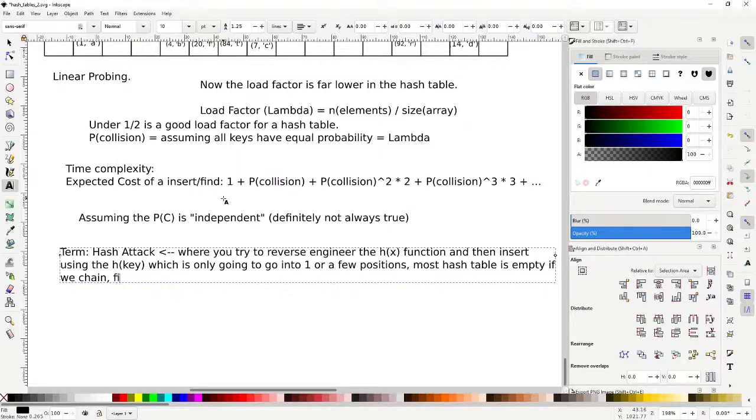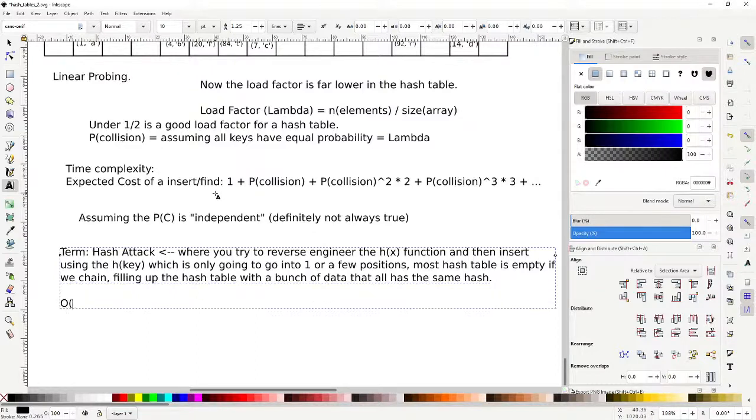Really we're filling up the hash table with a bunch of data that all has the same hash. And so the problem with that is that the hash attack is going to cause an O of n.